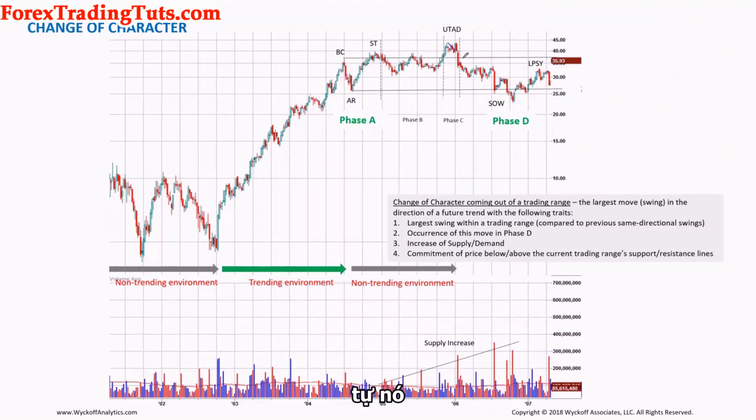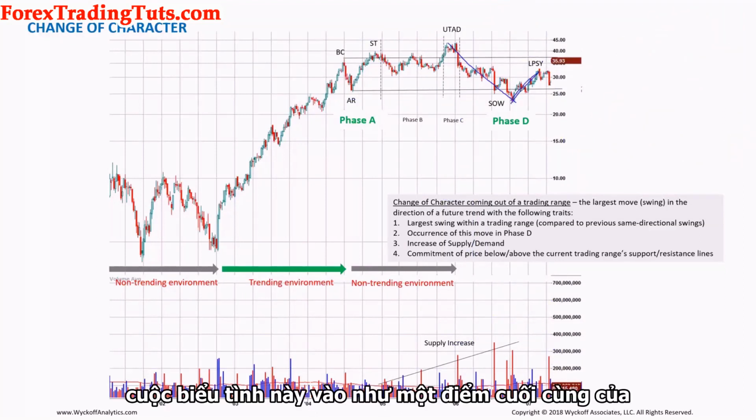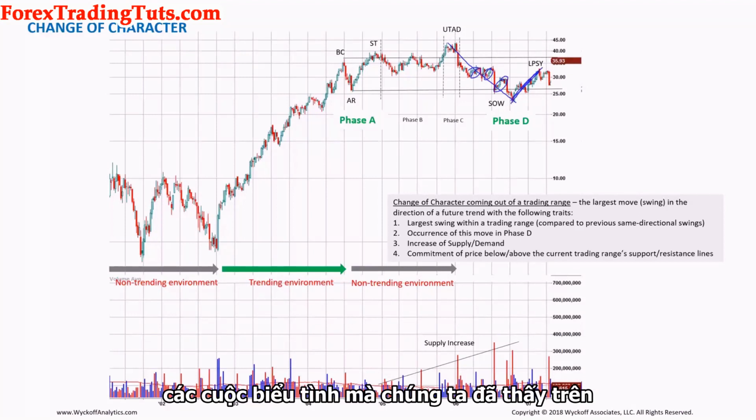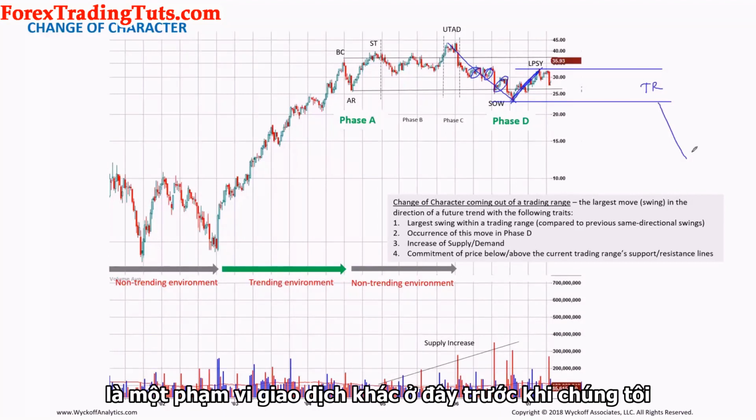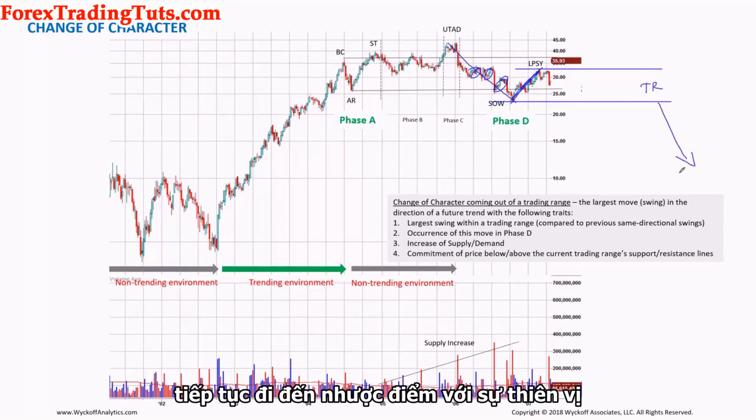By itself, this rally as a last point of supply rally is better than any of the rallies that we have seen on the change of character. So we might even be thinking that there could be another trading range here before we continue to the downside with the overall bias that started with the upthrust here.